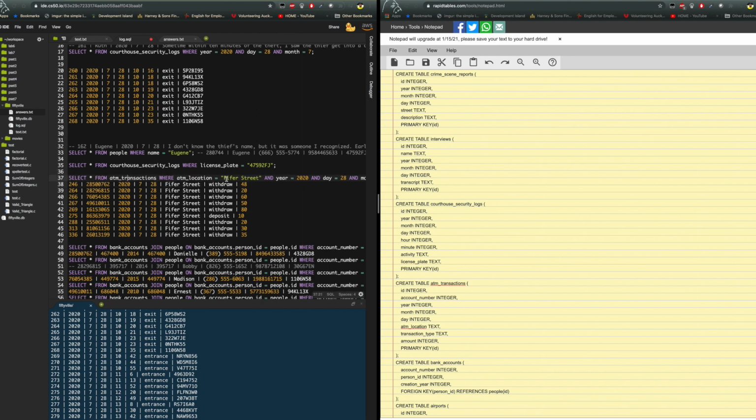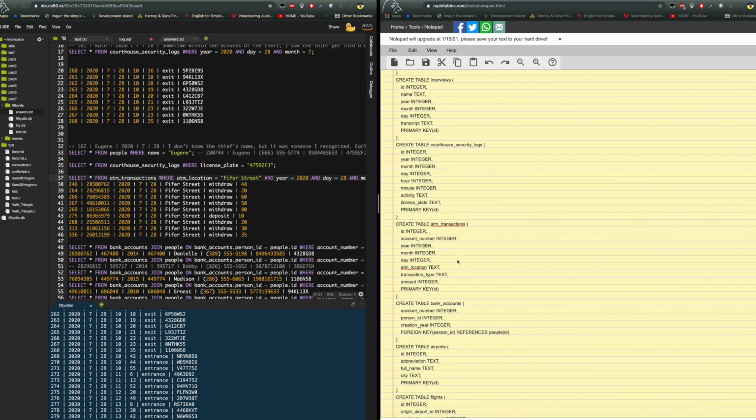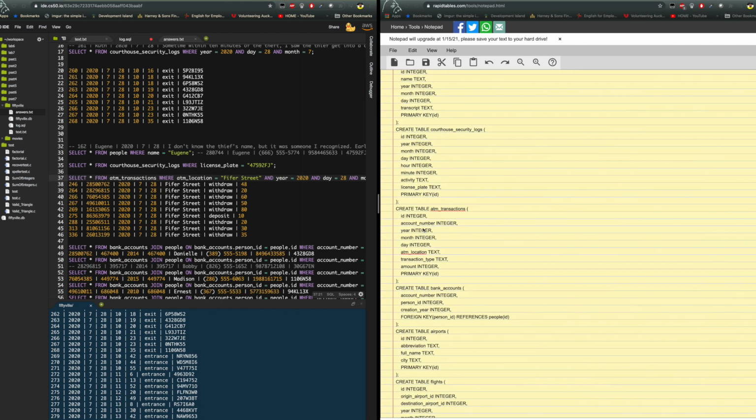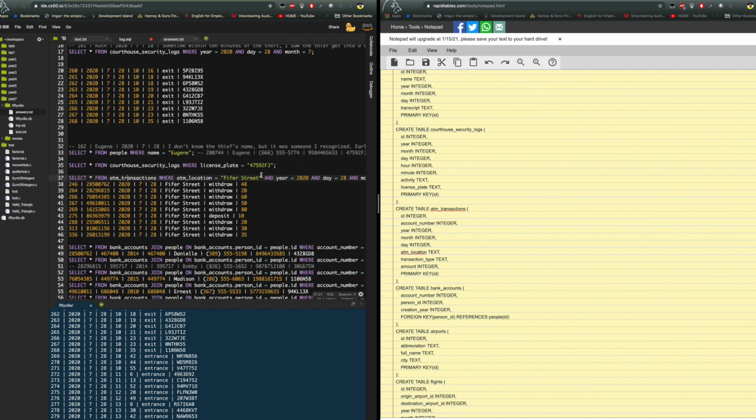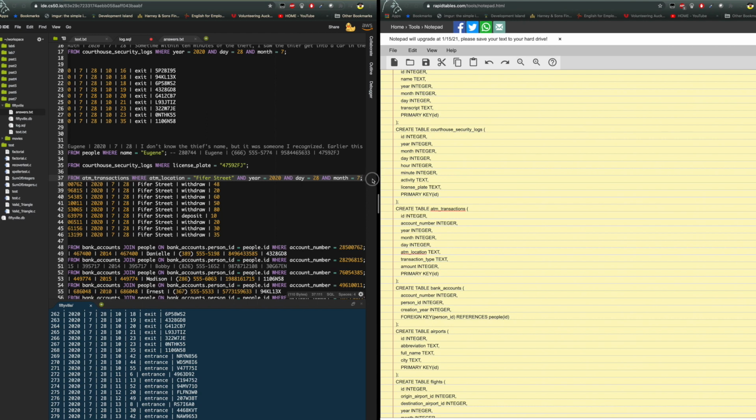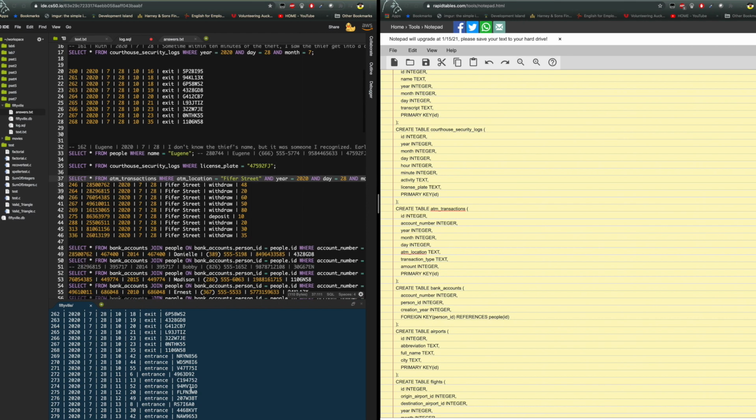So then these ATM transactions, that's the next table basically. We have account numbers, year, month, day, ATM location, transaction type, and we knew that the ATM was located on Pfeiffer Street. So I decided to check what they have on that day on Pfeiffer Street.